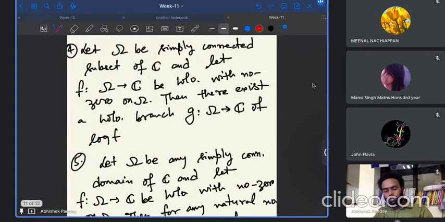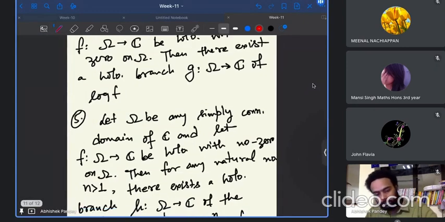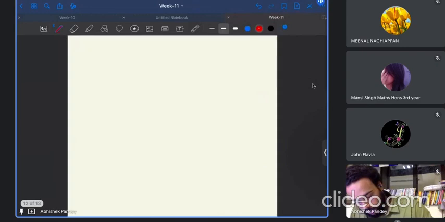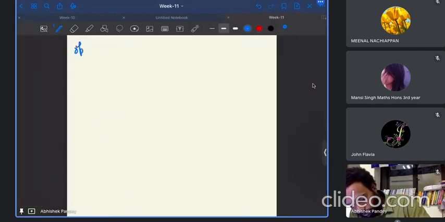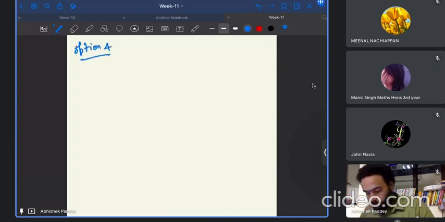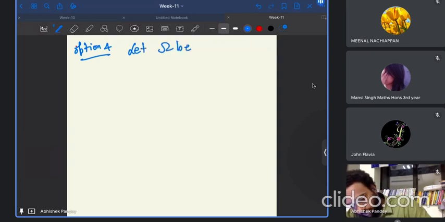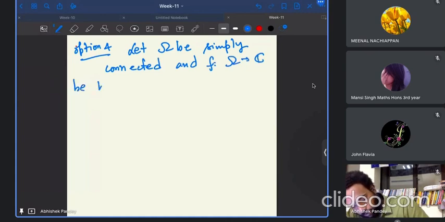This is fine, this we have proved, and this is also. The next thing is to check on simply connected domains. So here we will use the theorem. Just directly see the fourth option. So let omega be simply connected, and f such that omega to C be holomorphic and zero free.